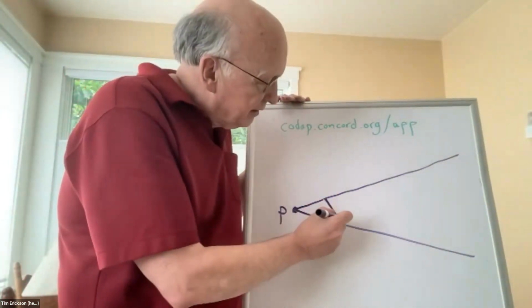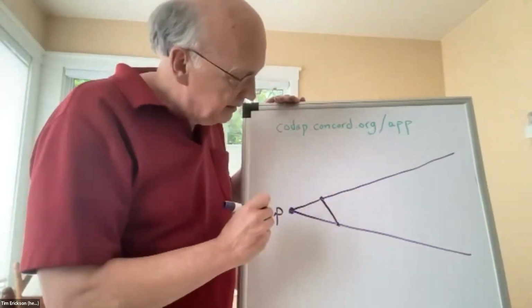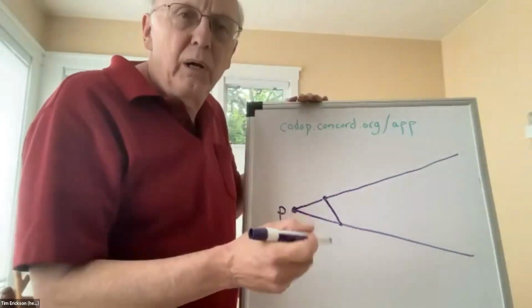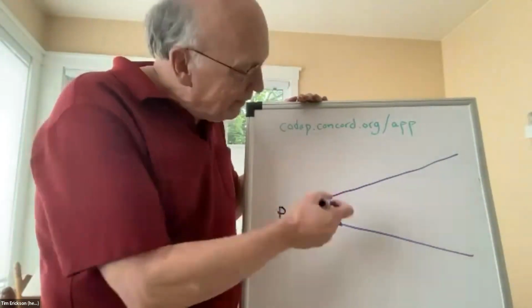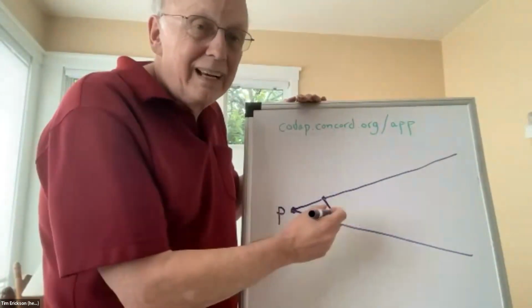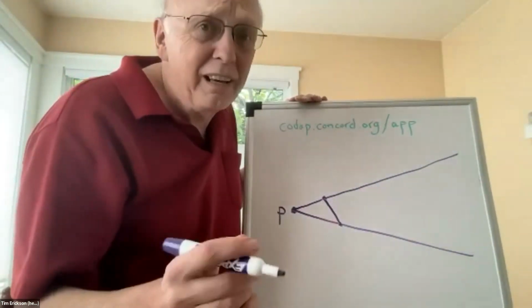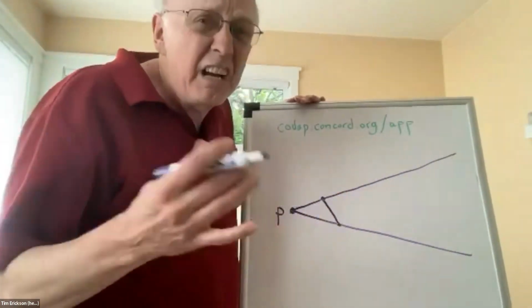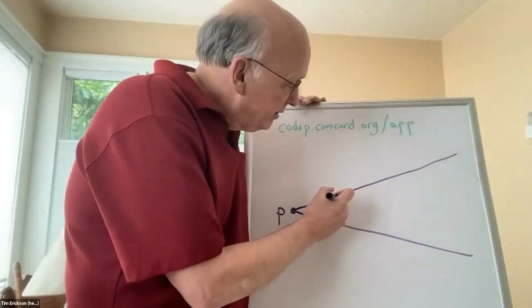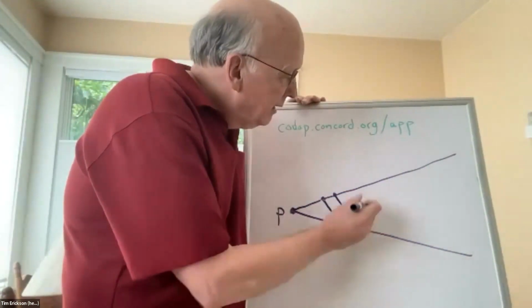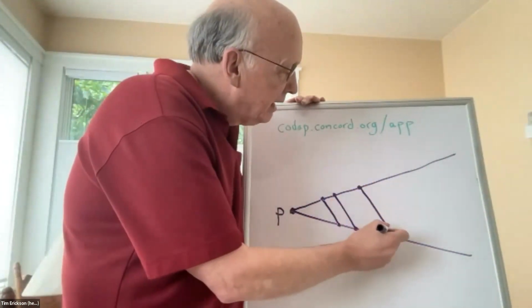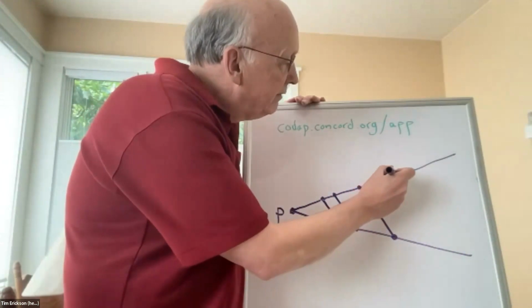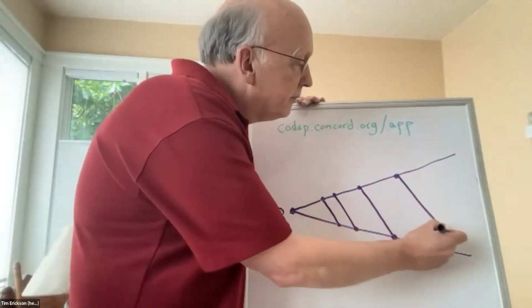And so here's one line segment, right? And I'm going to add a few more line segments that are parallel to this line segment. And I'm just doing it freehand. So are they exactly parallel? No, of course not, but they're kind of parallel. So here's another one. And here's another one. You can see I'm deliberately making them not evenly spaced.